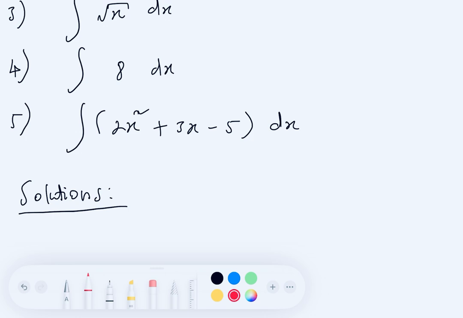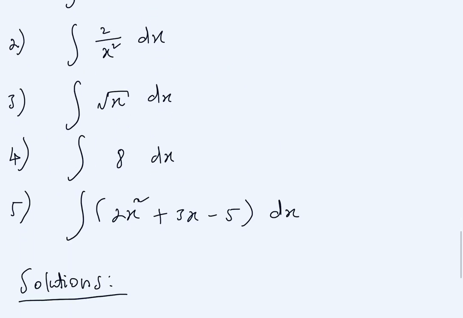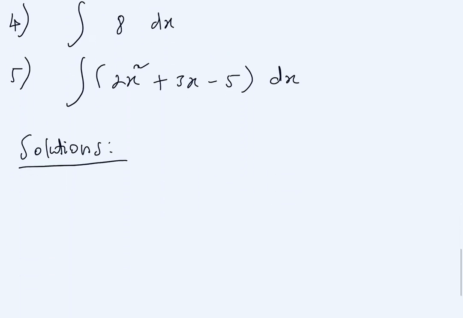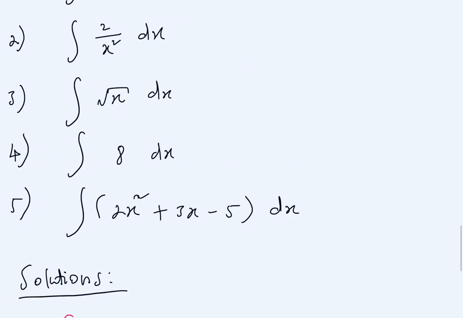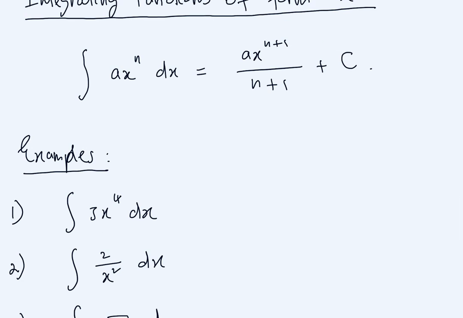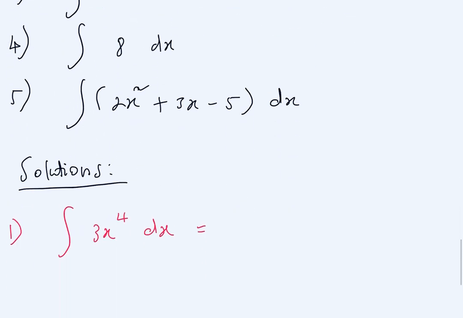Number 1, we're integrating 3x to the power 4 with respect to x. Applying the formula just as it is, in this case, of course, a is 3 and n is 4.